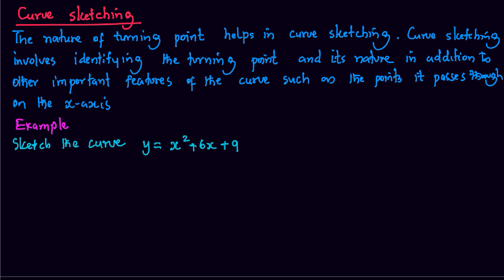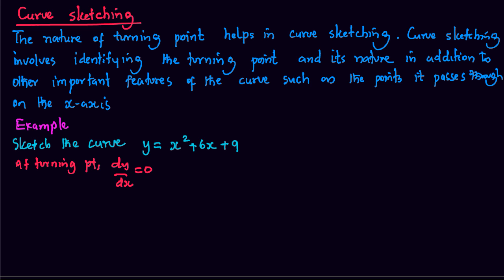Let us use the curve y is equal to x squared plus 6x plus 9 as an example. So the first important point we need for this curve is its turning point. And we know that at turning point, dy over dx is equal to 0.